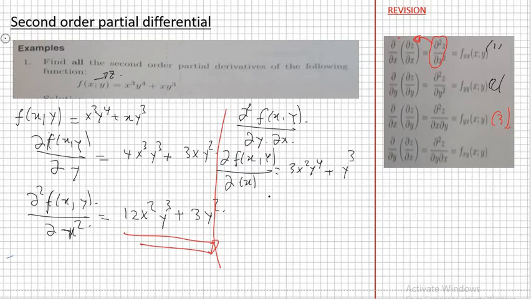And then we now derive it with respect to y. If we derive the function with respect to y, in other words, we are determining this expression here. So that gives 12x squared y to the power of 3 plus 0.